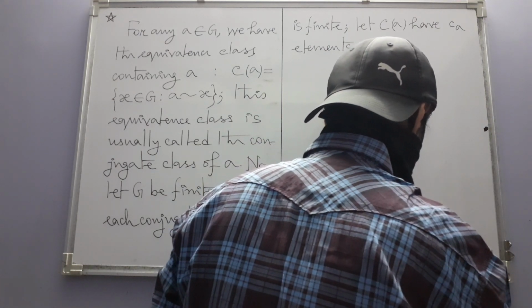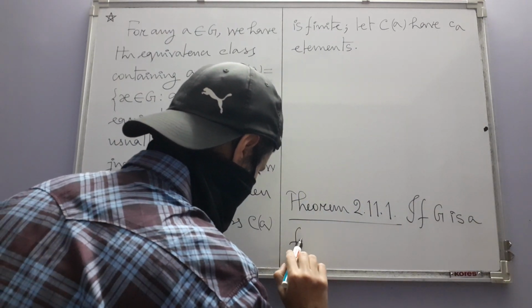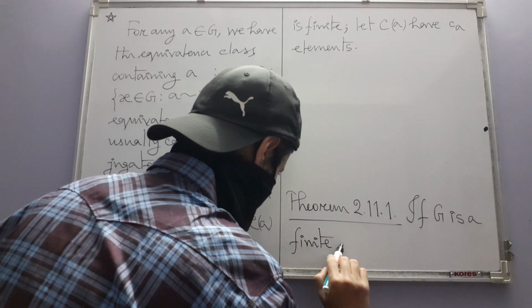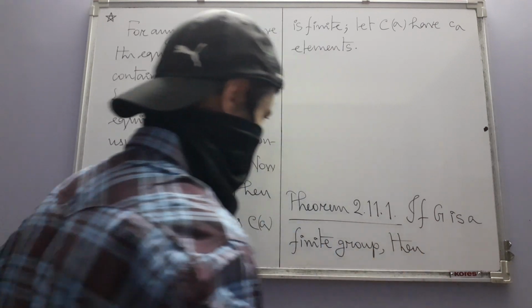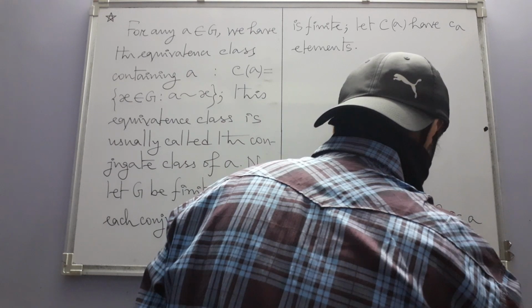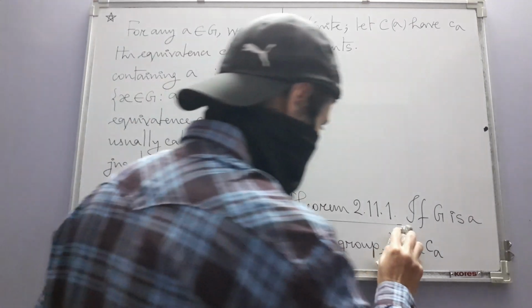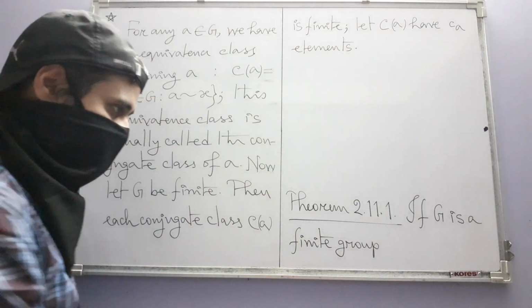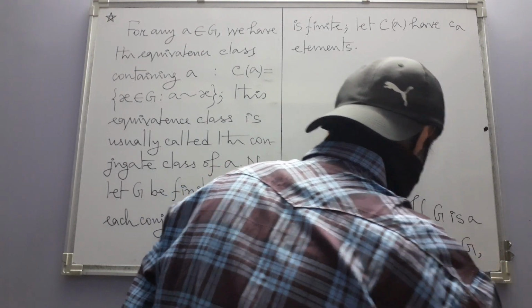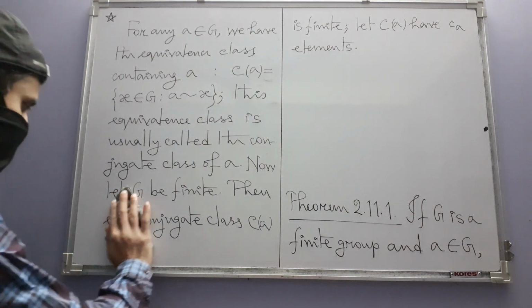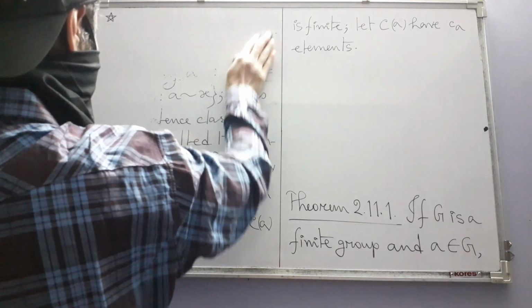If G is a finite group and A is an element in G, then there is a formula relating CA with something that we already know.